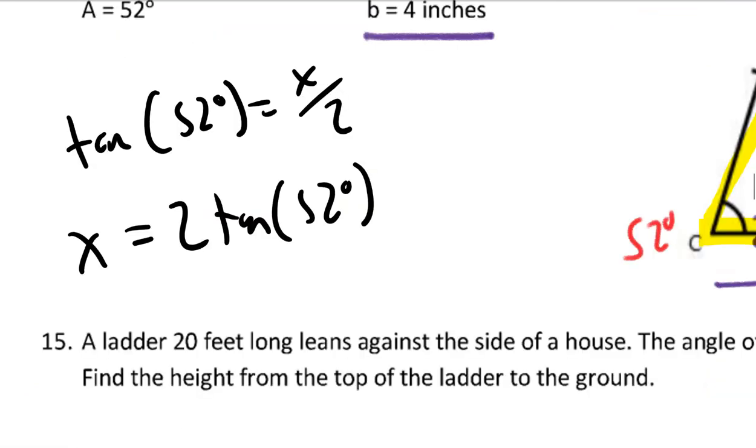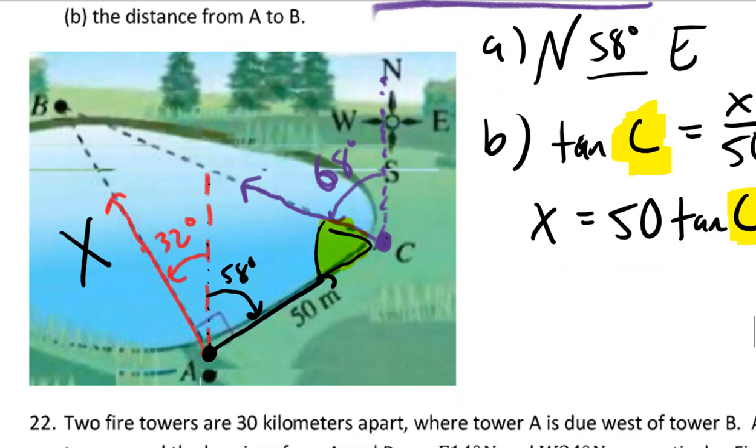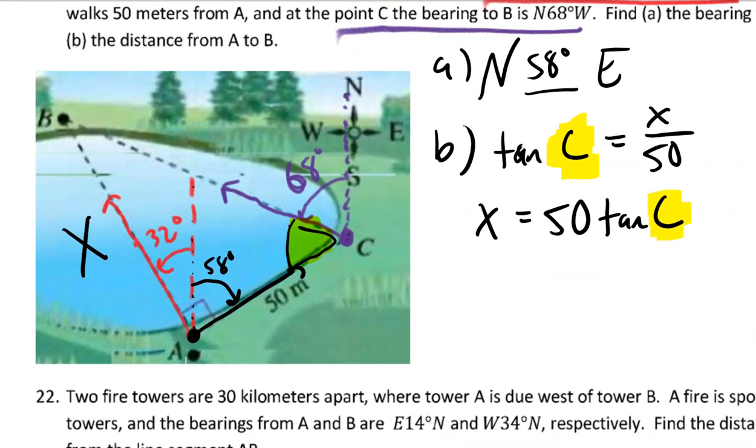So on my picture here, do I have two parallel lines in this picture? What are they? Okay, remember how this was a north line and this was a north line? We use those as part of the bearings.